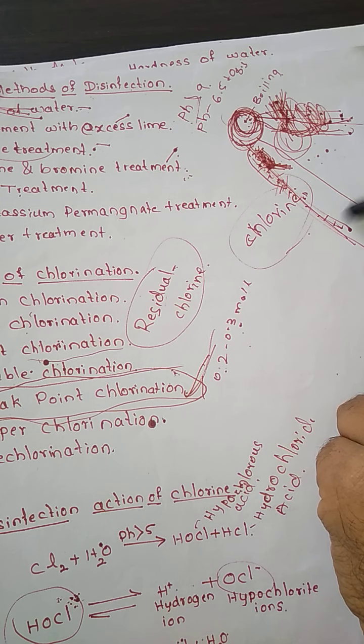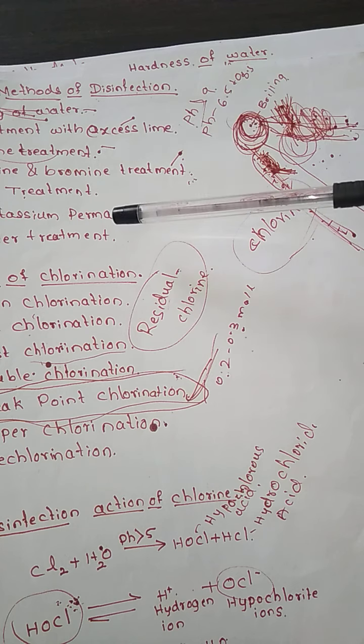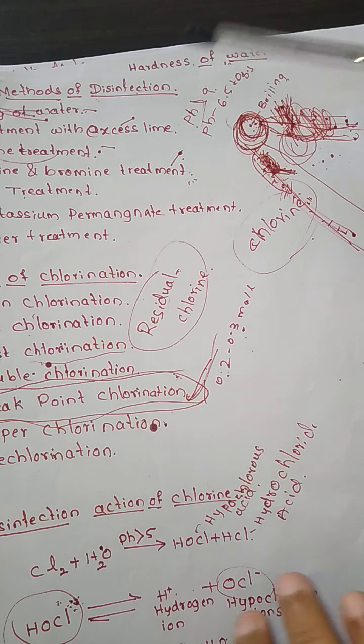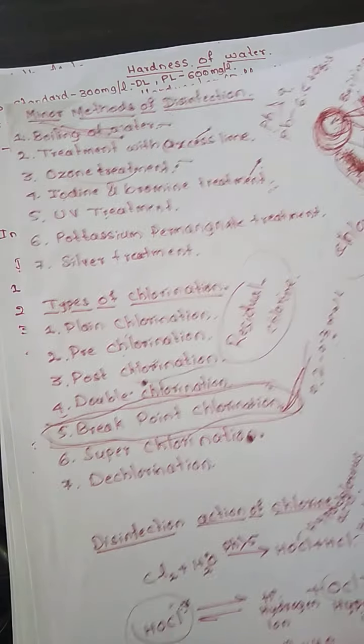But the chlorination method is going to take care of this further contamination. That is the reason why we don't use the minor methods of disinfection, and they also prove costly.